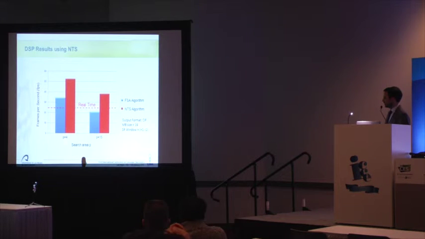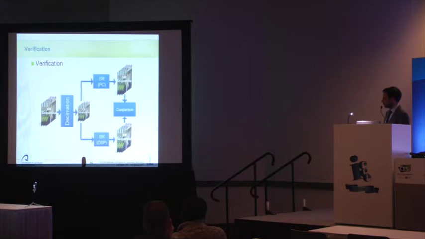In this case, this is the search area, and these are the parameters for the macro block size and super resolution window. Finally, to verify everything, we applied super resolution with a PC and with the DSP, and we compared, and it was the same, so it worked.